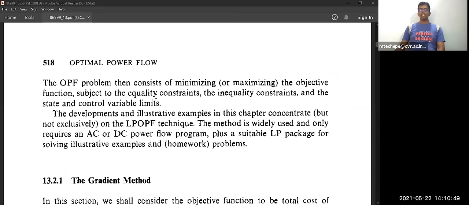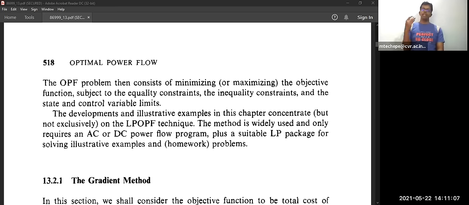The OPF problem then consists of minimizing or maximizing an objective function subject to equality constraints and inequality constraints, and the state and control variable limits that we know.